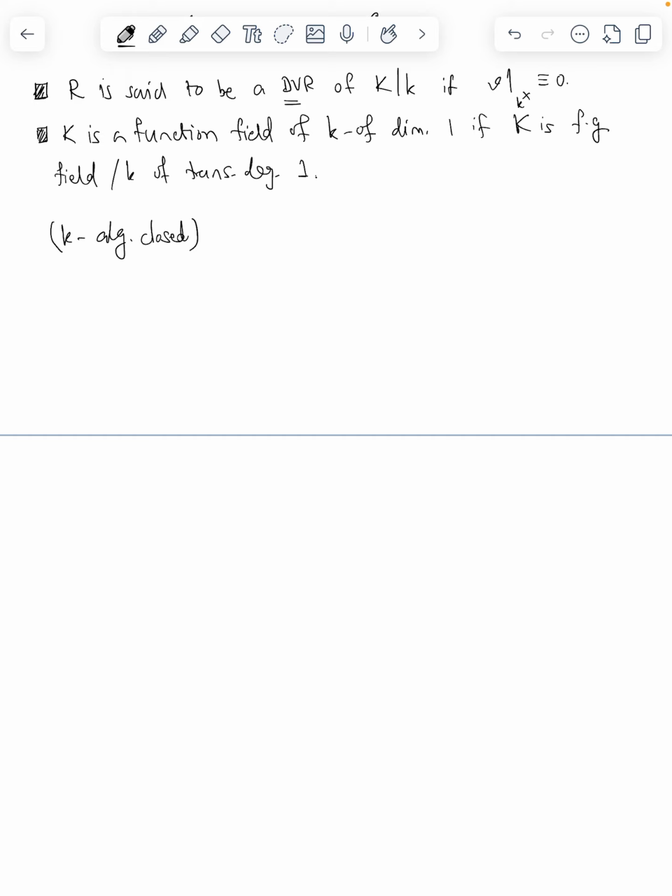So if Y is a non-singular curve, then you can look at all its local rings, right? So the local rings O_{P,Y}.